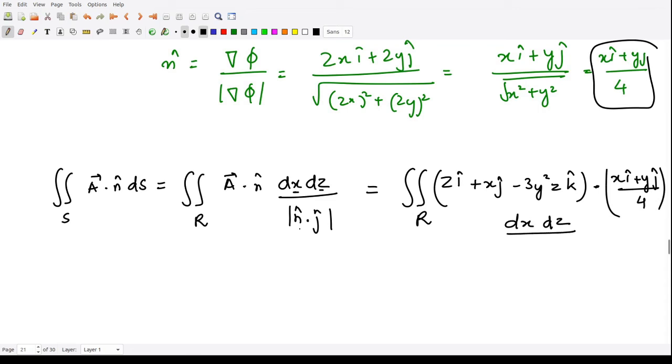And vector n dot with j would be y by 4. So here you have to first calculate this thing, and then take its limits, and then solve this particular integral.